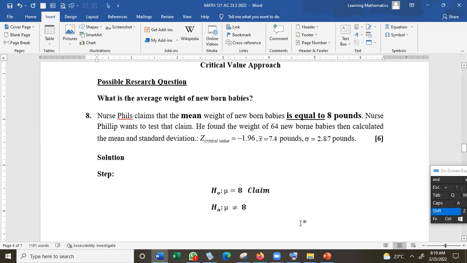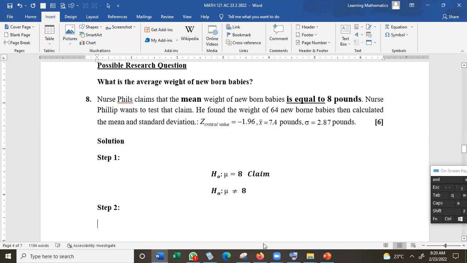Now step number two: we have to sketch a distribution curve.